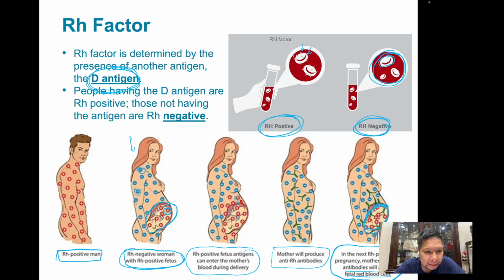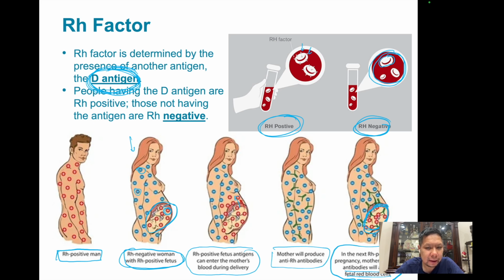So that's why the other antigen, or the other blood typing, is also very important when getting pregnant.